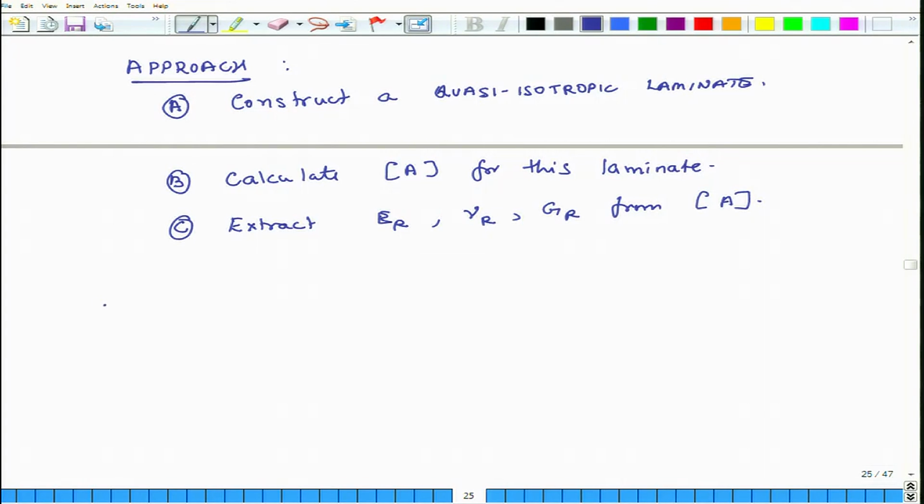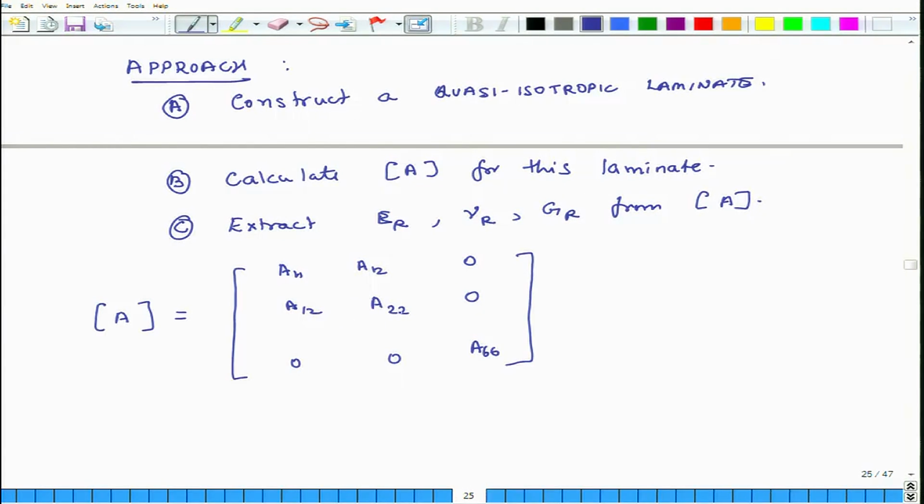So, we know that A is equal to the matrix A11, A12, 0; A12, A22, 0; 0, 0, A66. For a quasi isotropic laminate, this is the case, and A11 and A22 are the same.